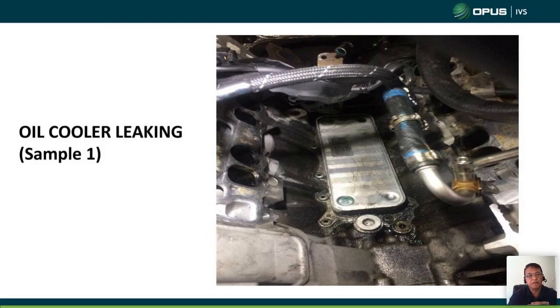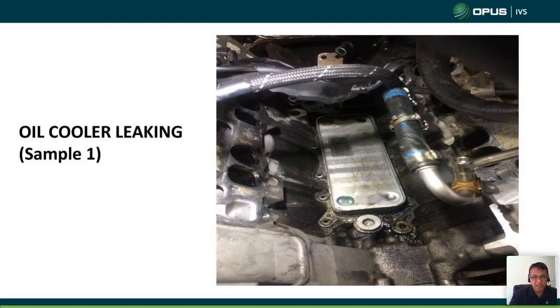After fitting it back, same thing, oil leak coming from the bell housing area. If you have this type of issue, what I normally advise is to give it a good clean first, run the engine, and check where the oil is really coming from.